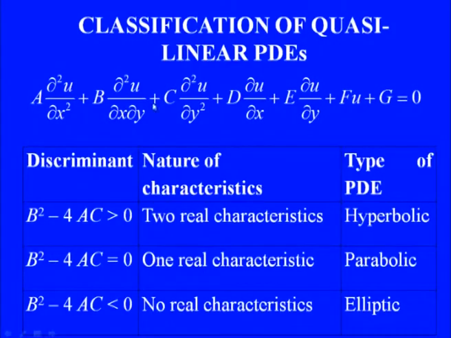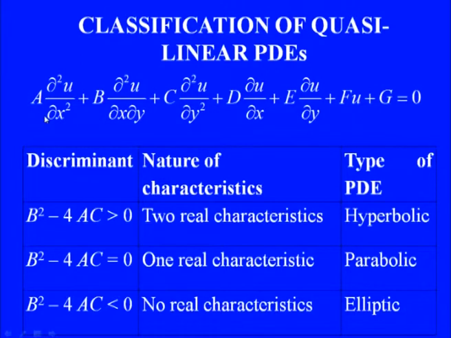Now let us have a look at a generic or generalized quasi-linear partial differential equation, which we can represent in this form. Suppose for the time being we are dealing with an unknown variable u, which is dependent on 2 variables x and y.